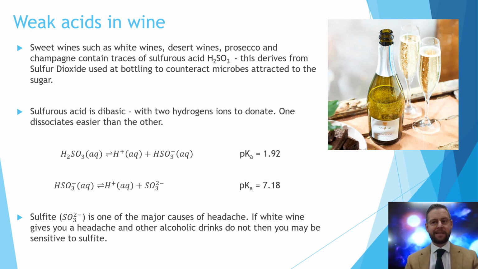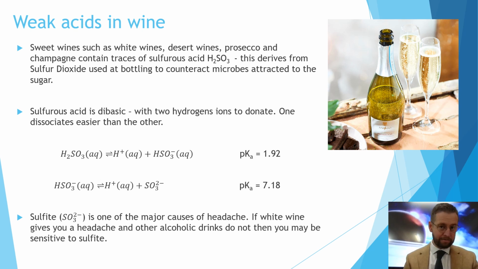Now sulfur dioxide is quite toxic to microorganisms, and it stops microorganisms eating the sugars in your sugary wine. It's sometimes why it can smell of eggs when you first pop a cork, but quite often it is immediately sent out by the carbon dioxide, which is dissolved in the wine, which then basically forces that sulfur dioxide away. However, some of it ends up in solution, the sulfurous acid that we see there.